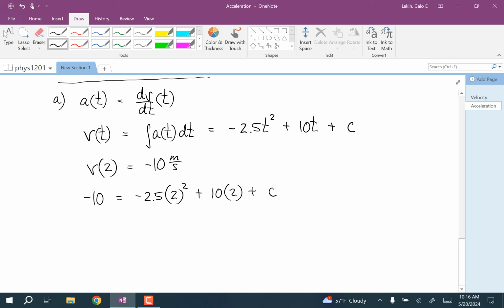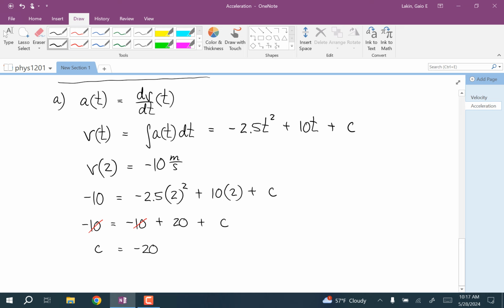And now it's just a matter of solving for c. We got negative 10 is equal to negative 10 plus 20 plus c. Those two cancel out, and we get that c is equal to negative 20.